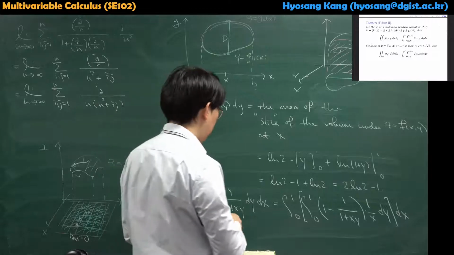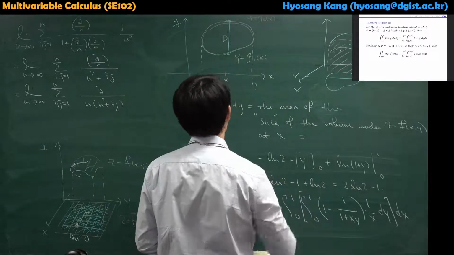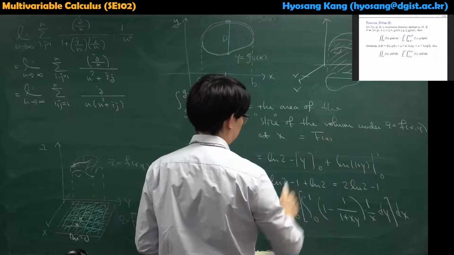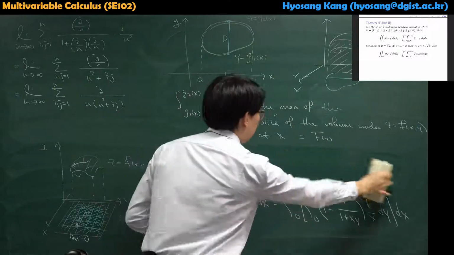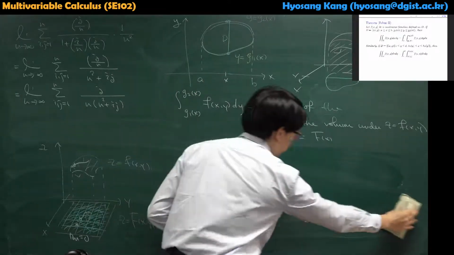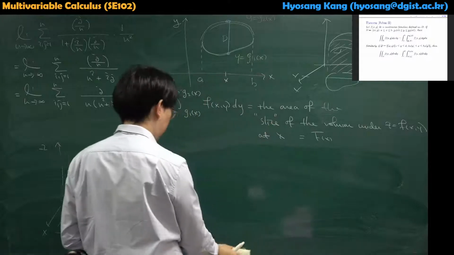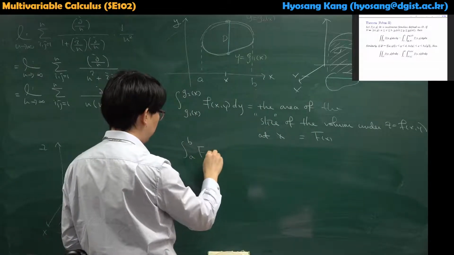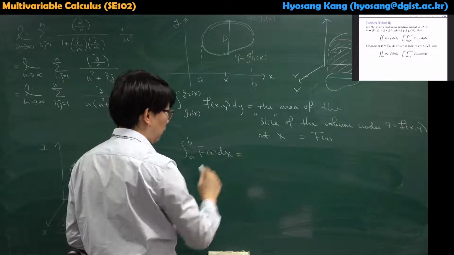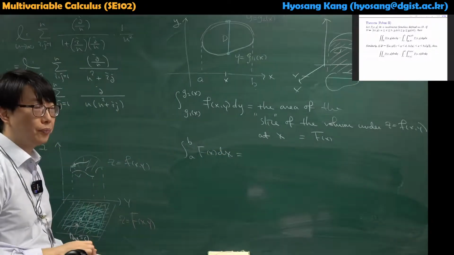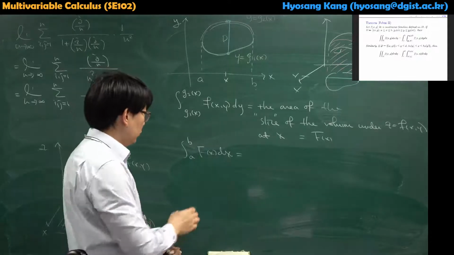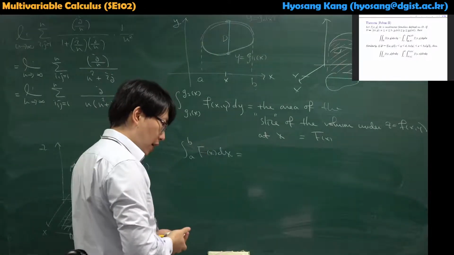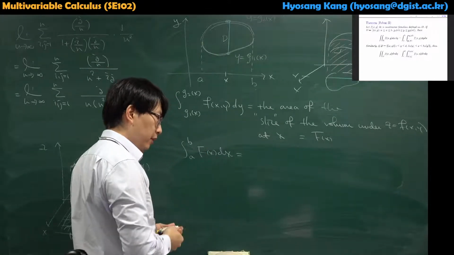So let's say I'm taking this as, for example, large F of x. And then the next integral is integrating this large F of x, integrating from a to b large F of x. What do I get? Recall what we have learned in single variable integration.